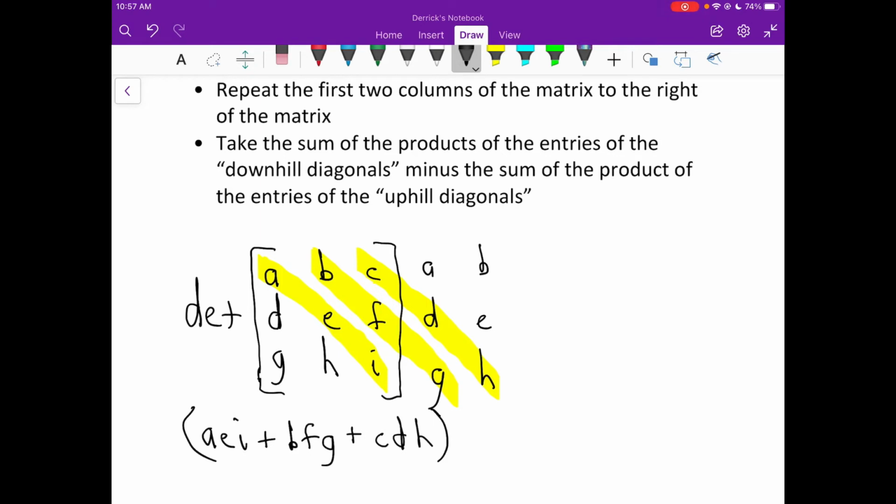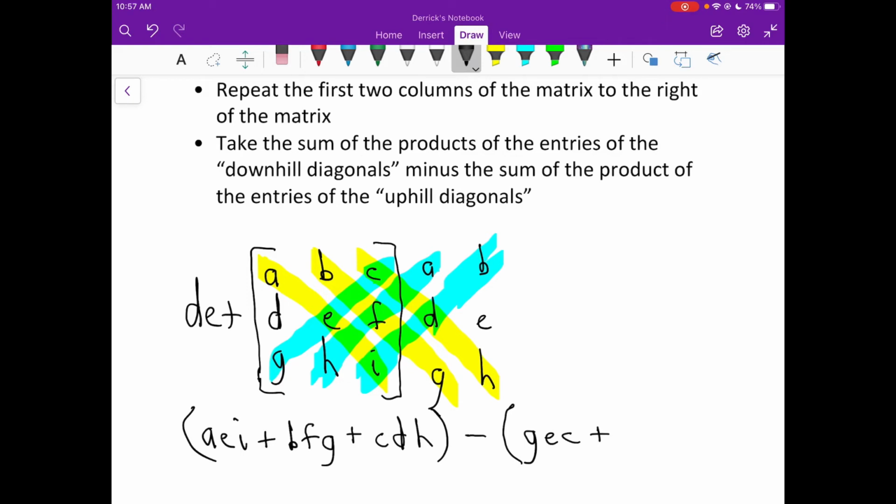When you get that one number, you take that number minus the one number you get from your uphills. Again, we should have 3 uphills that have 3 numbers each. That would be G, E, C. That would be H, F, A. And that would be I, D, B. Again, you multiply those three numbers within each diagonal together and add them to the other products.